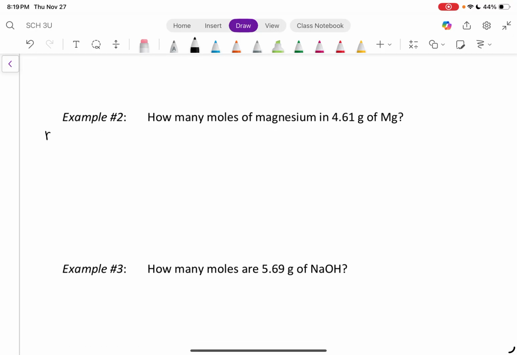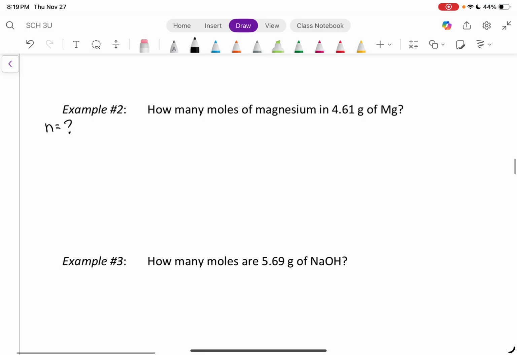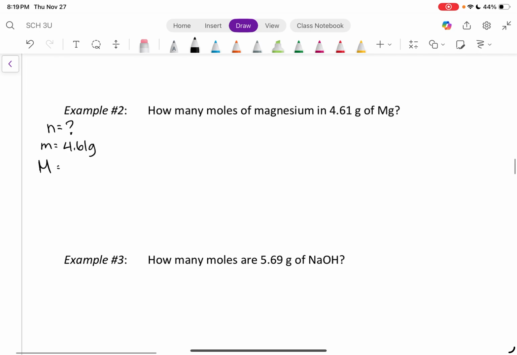So it's asking us how many moles of magnesium is 4.61 grams of magnesium. So we don't know our number of moles. We know our mass is 4.61 grams. And we need to find our molar mass of magnesium. So if you look on the periodic table, the atomic mass of magnesium is 24.31 grams per mole, which is our molar mass.